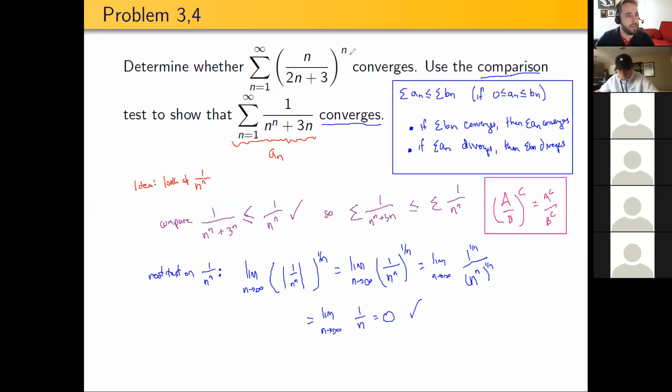So what we can conclude by the root test is that the sum of 1 over n to the n converges.